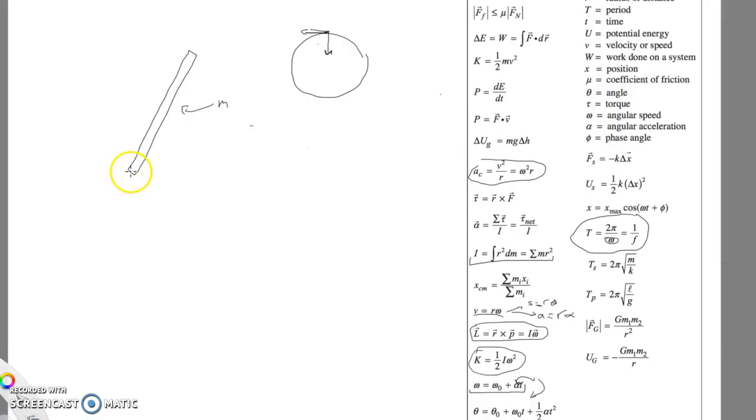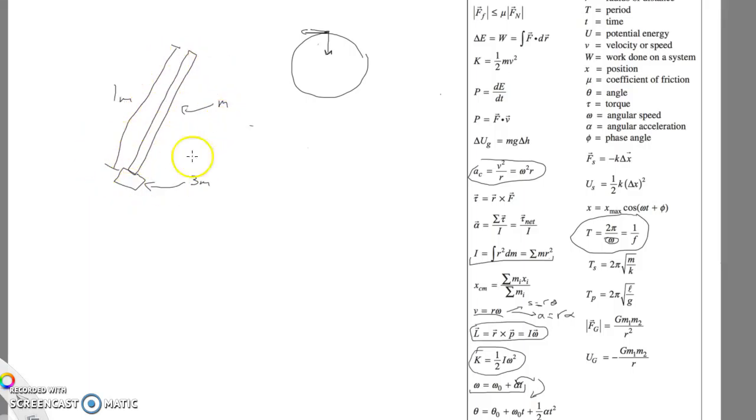And then at the end, there's a larger mass attached. We'll say that this one has a mass of 3m. And we're going to say that this length is 1 meter.